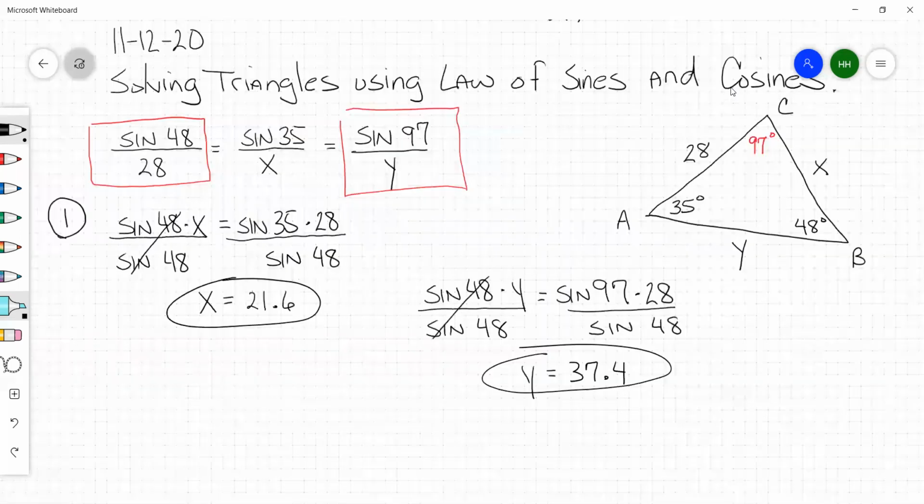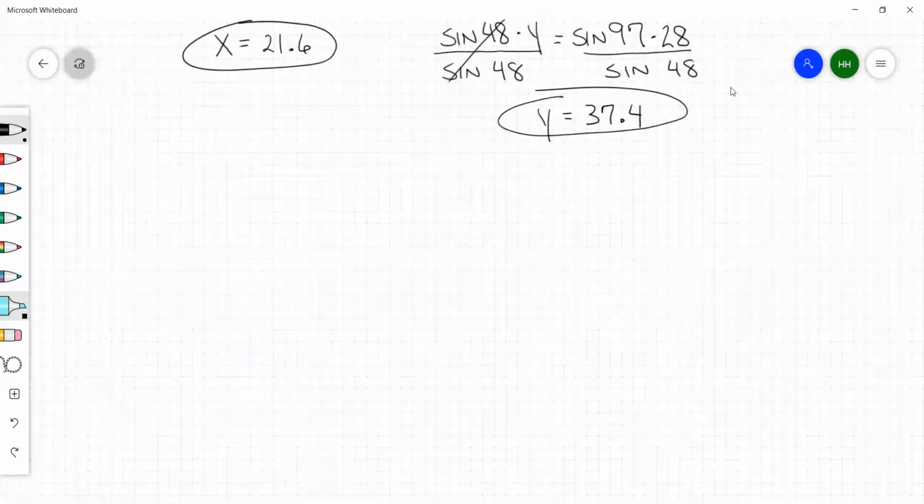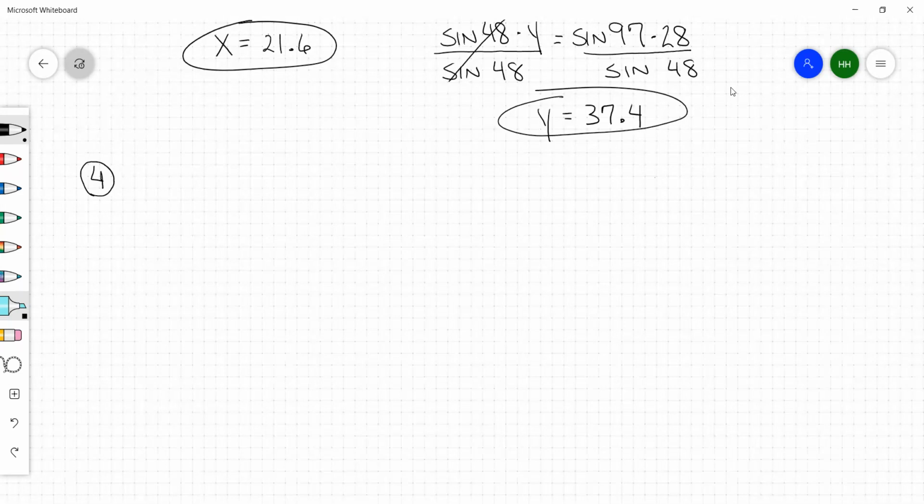Now, let's take a look at number 4 from the other day. And we've got this triangle here. ABC again. AC is 8.